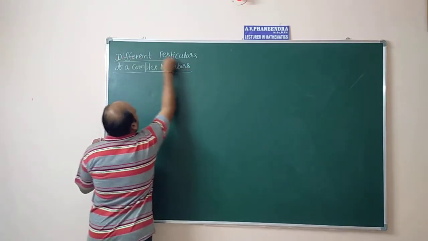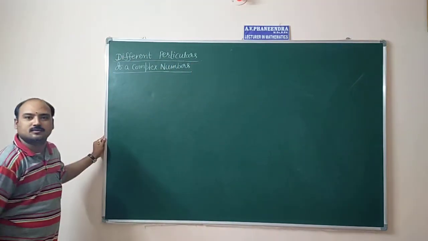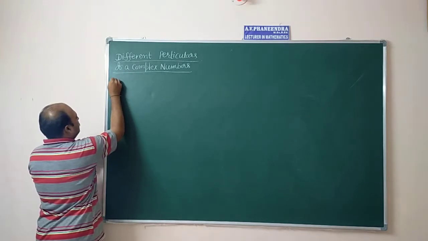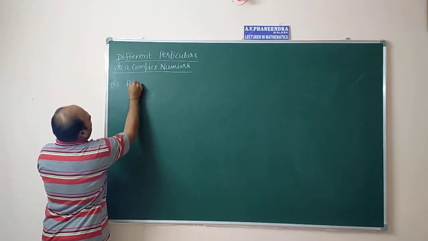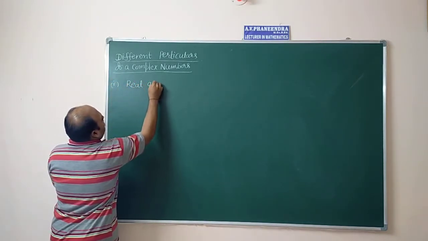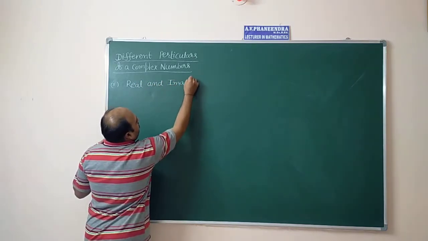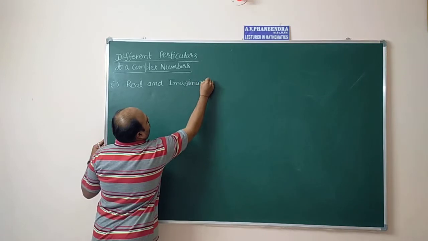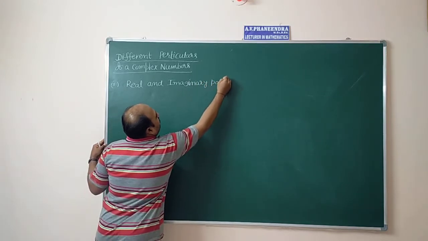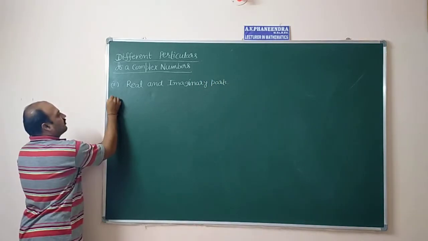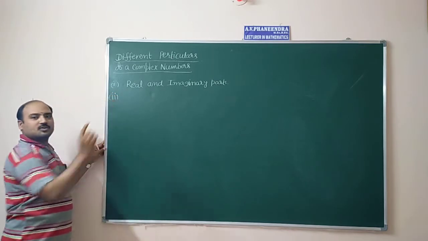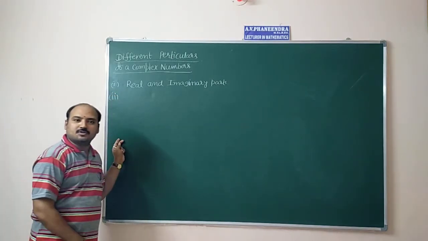What are the different particulars of a complex number? First point, real and imaginary parts.